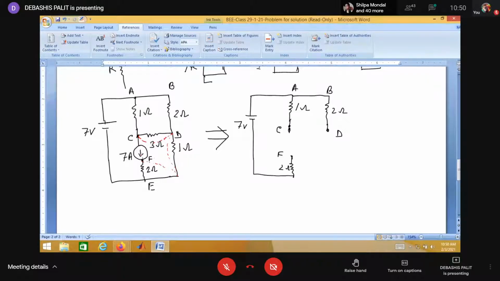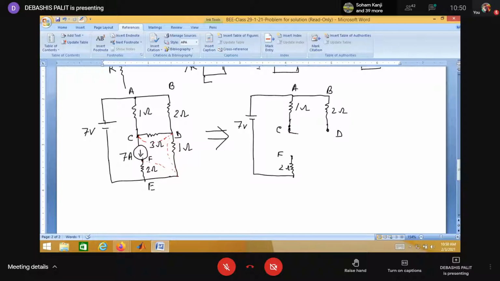So I can drive the 7 ampere current source in another path. Your beginning point is C and terminating point is F. So I'm just driving. Actually, there are resistances already.